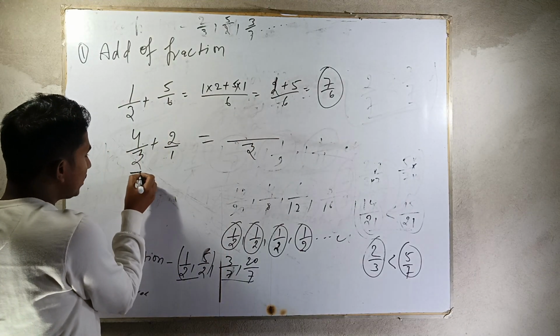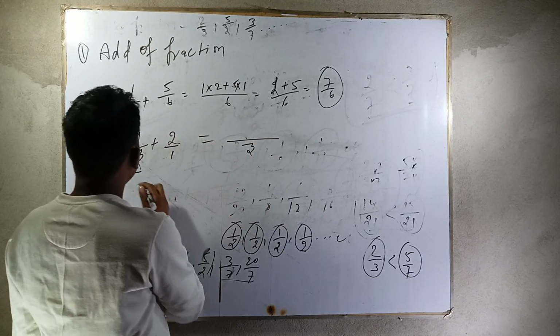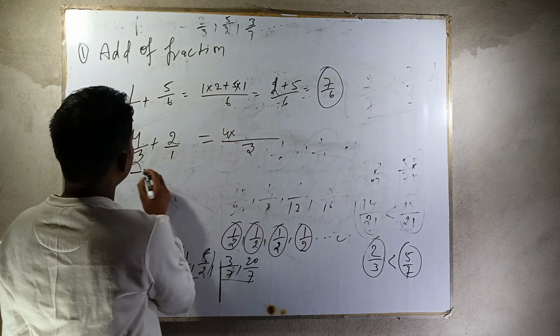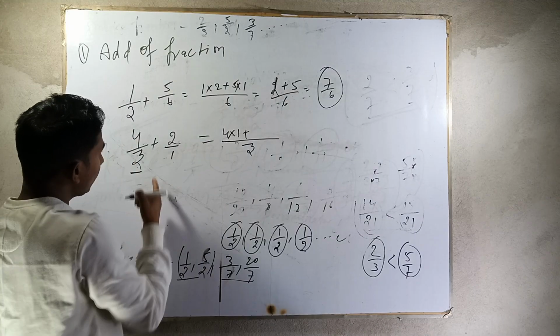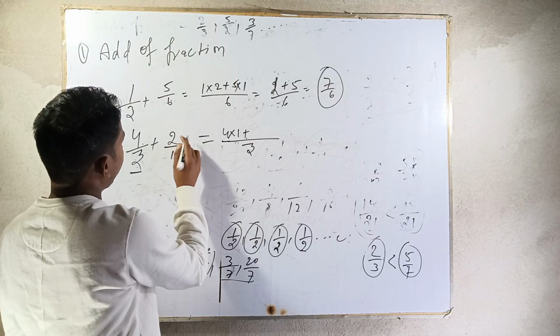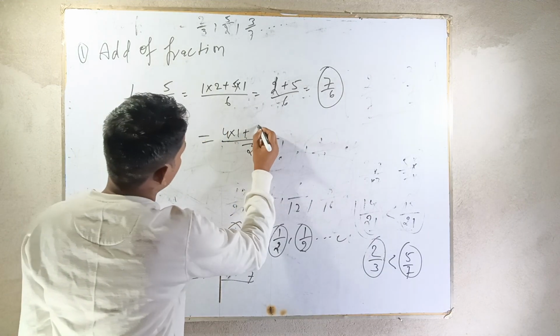Now I divide this 3 by the 3. First I write 4, and 3 ones are 3. Next I put the plus sign, and I write 2 here.